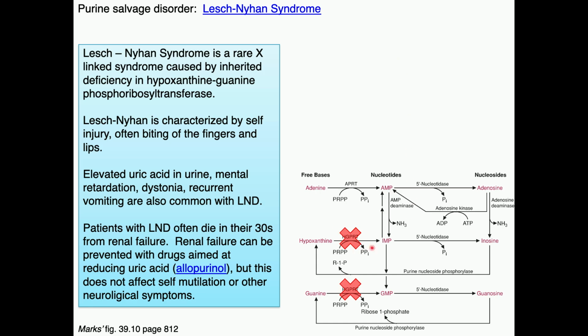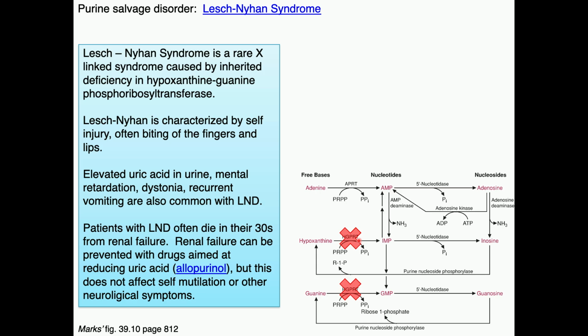So the condition is manifested as hyperuricemia. So this can have the conditions of gout or kidney stones. There can also be such extreme hyperuricemia that you're getting uric acid crystals in the diapers of the child who has it. So they're peeing out a lot of uric acid.